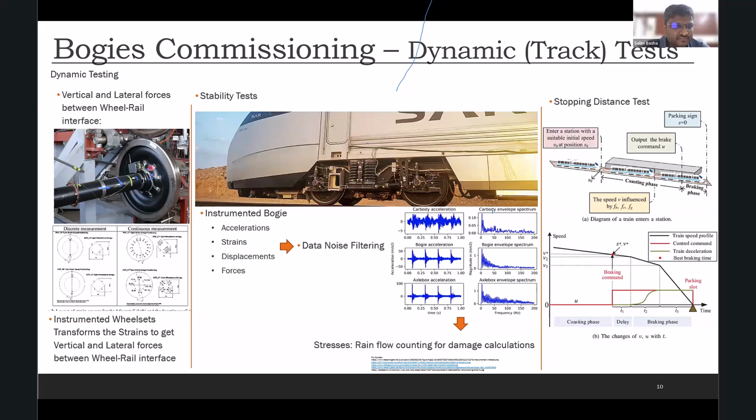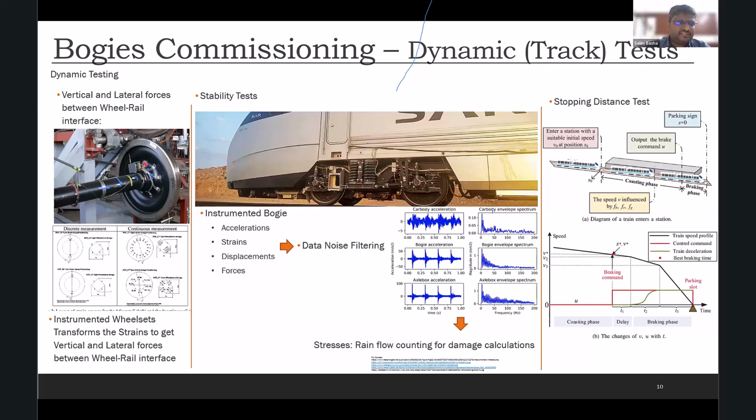You see the wheel set, you put some strain gauges across it. You can see some small telemetry signal here, some antenna here, which will measure the strains, and it will try to calculate the force which is coming between the wheel and the rail, and then transmit it to the data logger which will be there in the train. So we might instrument one wheel set or all the wheel sets of the train depending on the necessity.